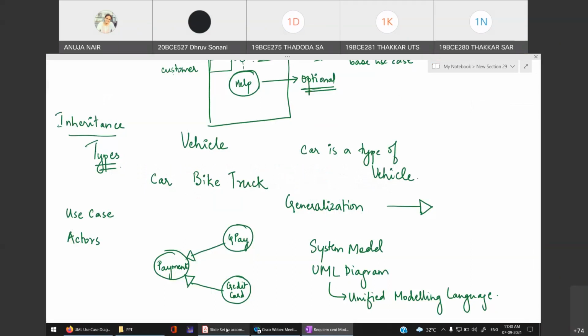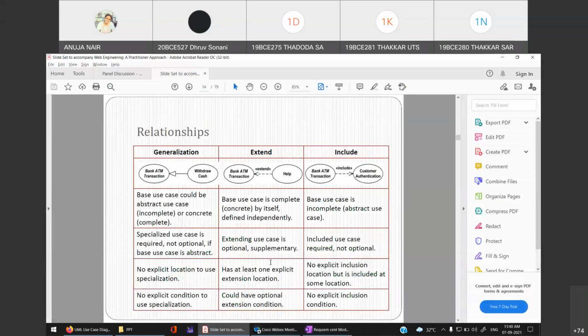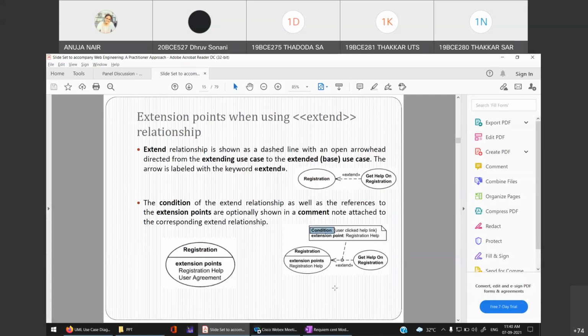Coming to Dhruvi's question: can you repeat extension point? Okay. So Dhruvi, this particular use case present over here, get help, is optional, right? If I want to get the help, I will get it. Otherwise, I will not use the use case.